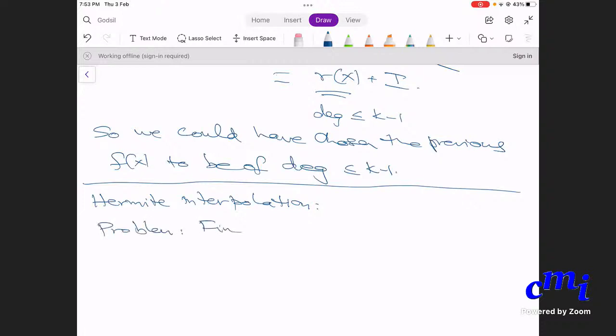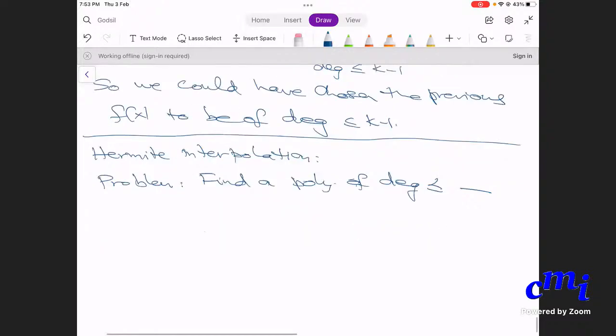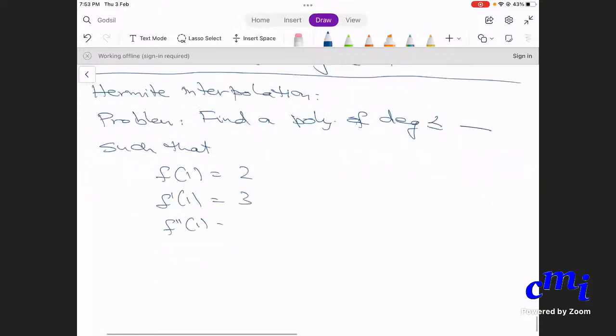Find a polynomial of degree less than or equal to, I'll tell you what the degree is, such that f(1) is 2, f'(1) is 3, f''(1) is 4, f(2) is 5, f'(2) is 6. This is the problem.